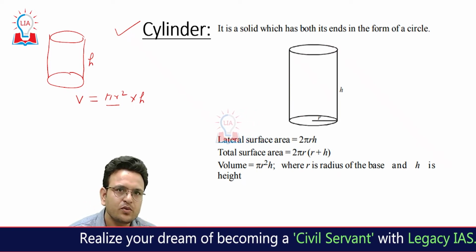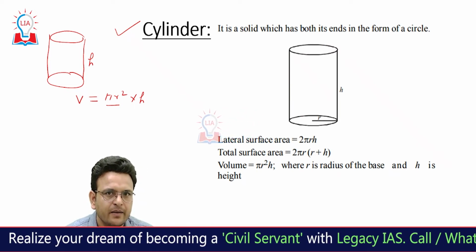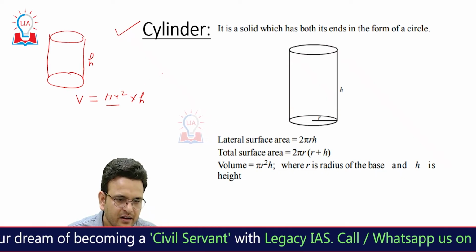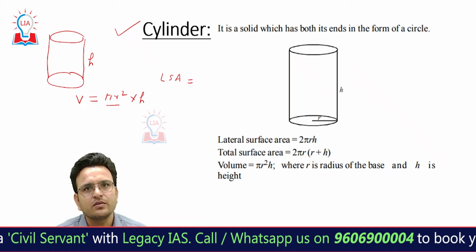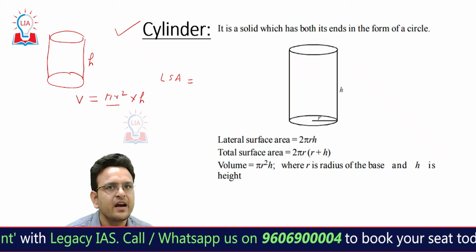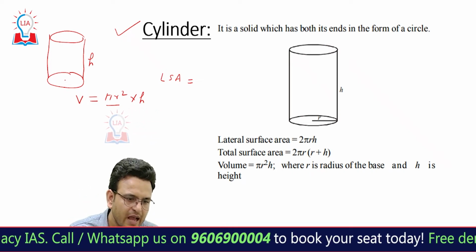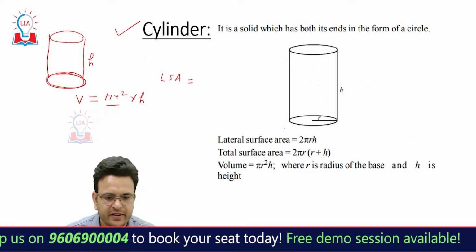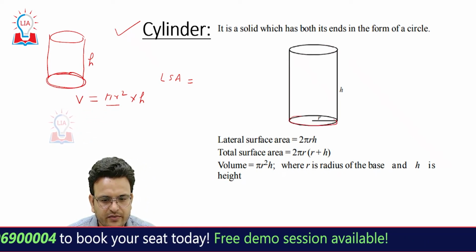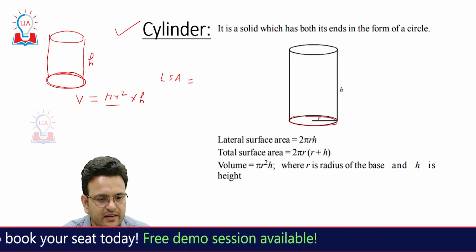Now we have to talk about the lateral surface area. For the lateral surface area, we have to know the circumference of the base of a cylinder.